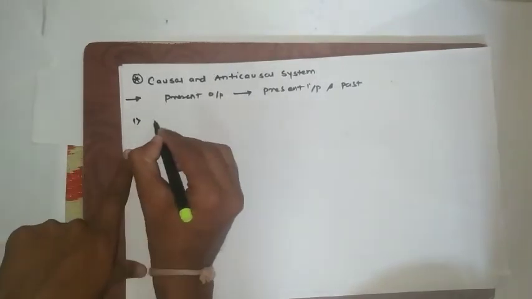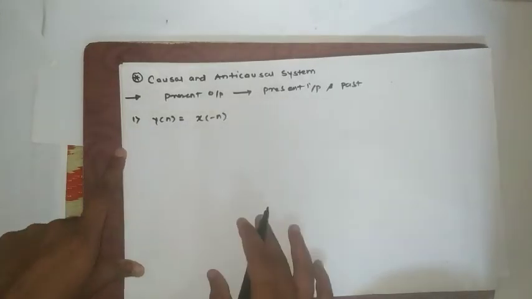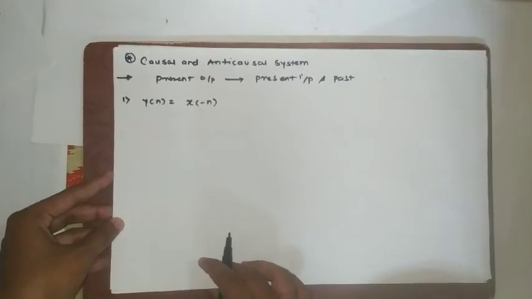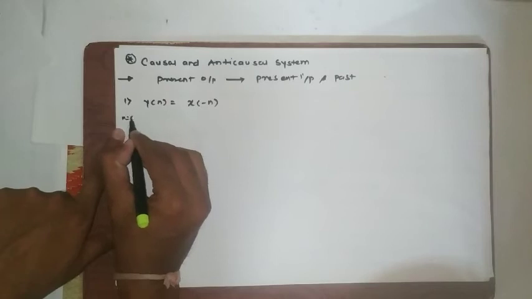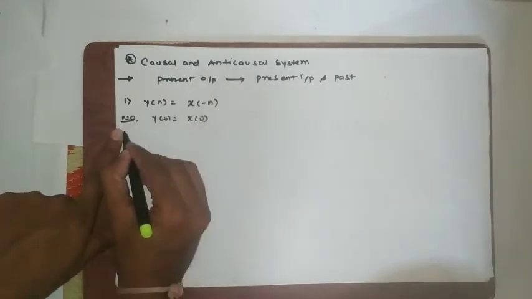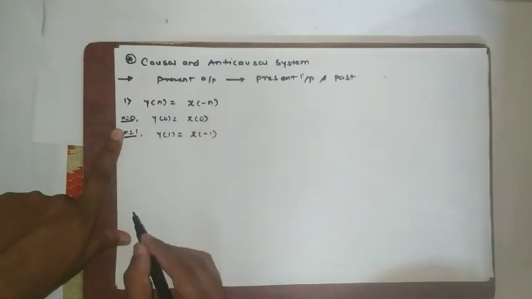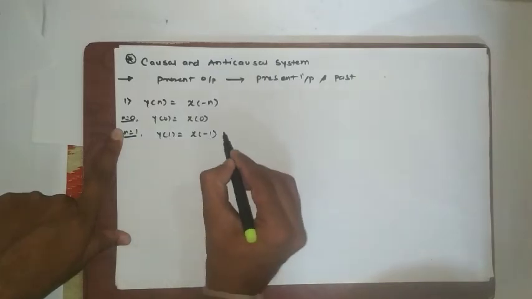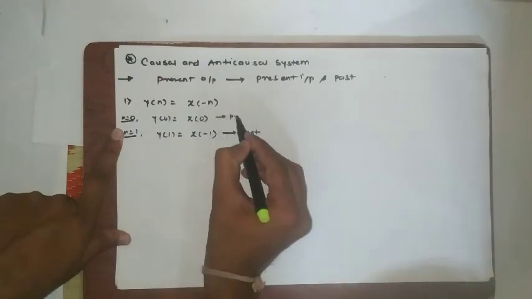Let us consider this with some examples. First example I am writing: suppose we have y(n) = x(-n). Now again we can directly tell whether it is causal or anti-causal, but we'll go with the same methodology first. Let us consider three values. At n = 0 we'll get y(0) = x(0). At n = 1 we'll get y(1) = x(-1). Now here we are fetching the value for +1 and it depends upon -1. That means this depends on the past, and the previous one on the present.